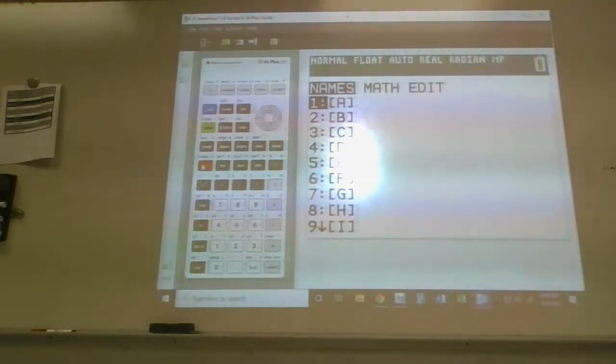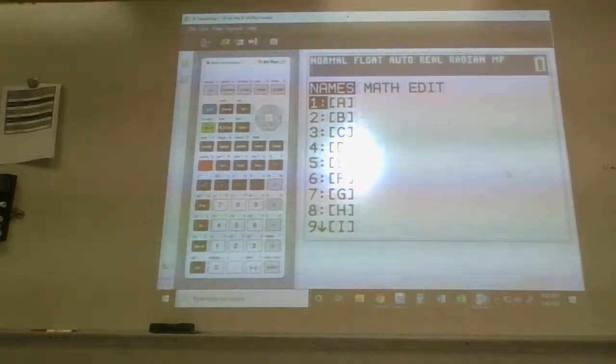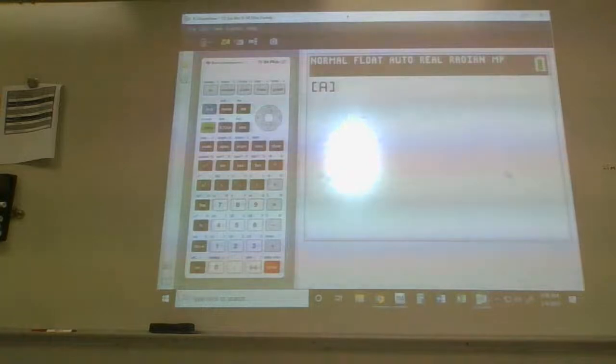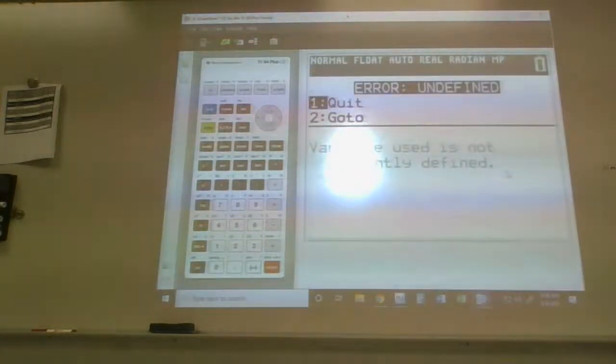Anyway, back to this. So what you do is this. There are three subcategories on the top: names, math, and edit. If you hit enter on the first one for names, nothing really will happen. Watch what happens. Just does that. And there's nothing in the matrix.